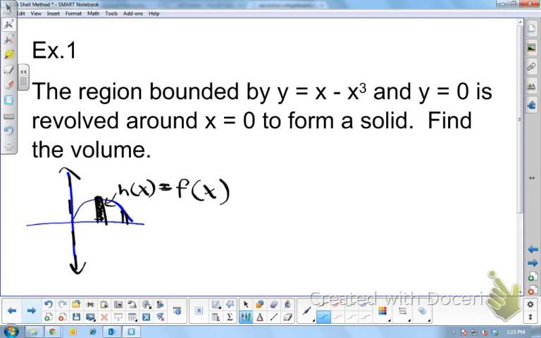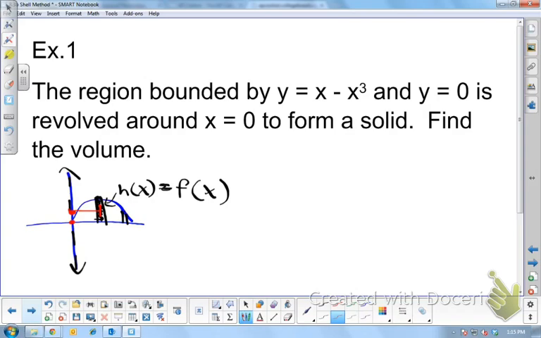But the radius is the distance from the axis of revolution to our partition, to our piece that we're trying to check what the height and radius would be. So the radius is from that part to the y-axis in this case? Yes. So we have to figure out what is that distance.